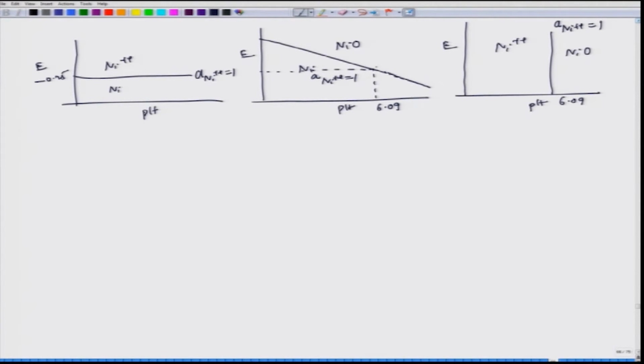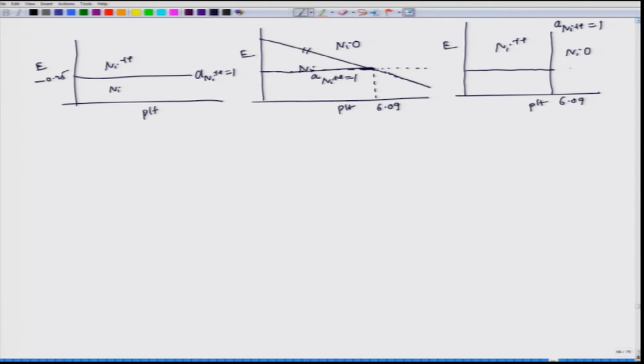Now, we can club these two lines. We have seen that this particular extended line should not exist because it is the region of NiO, but we are not sure whether this particular line would exist, because we are not sure whether it is nickel plus plus, or a mixture of nickel plus plus and NiO zone.